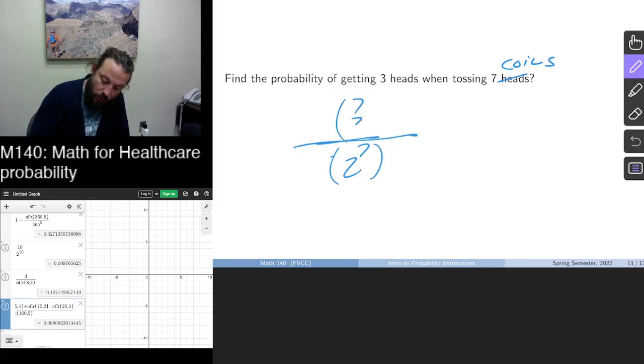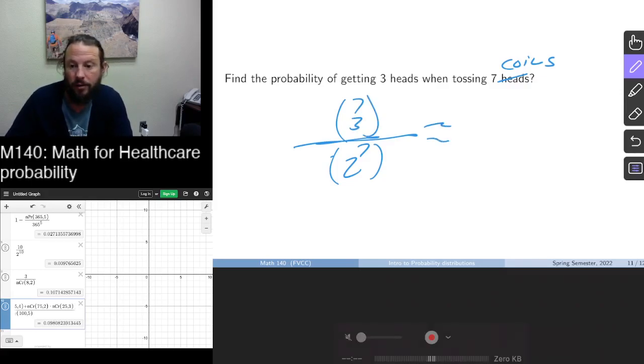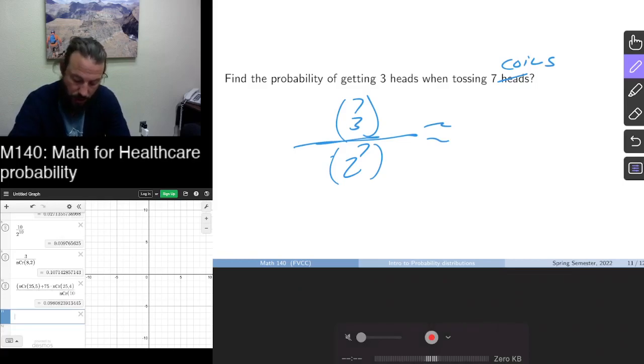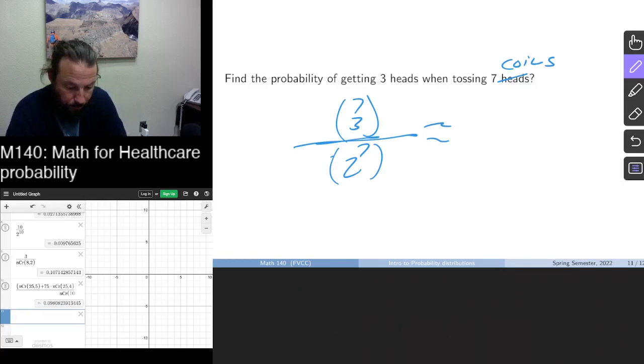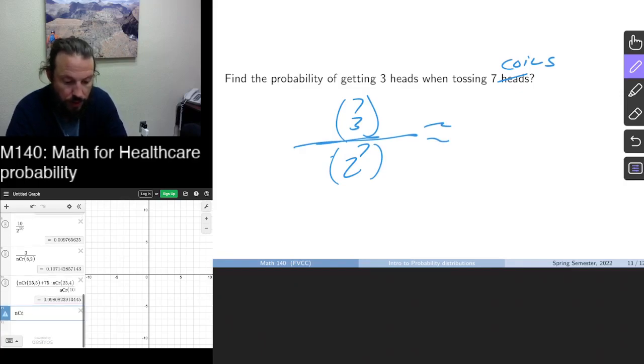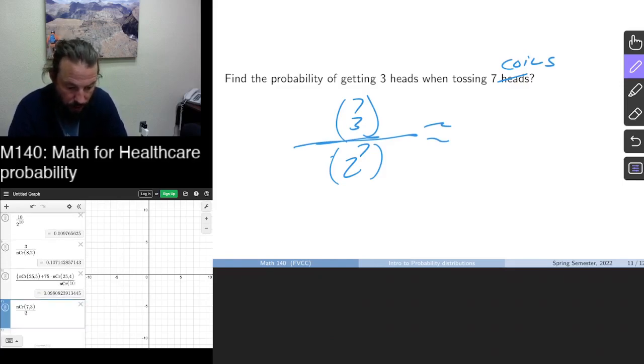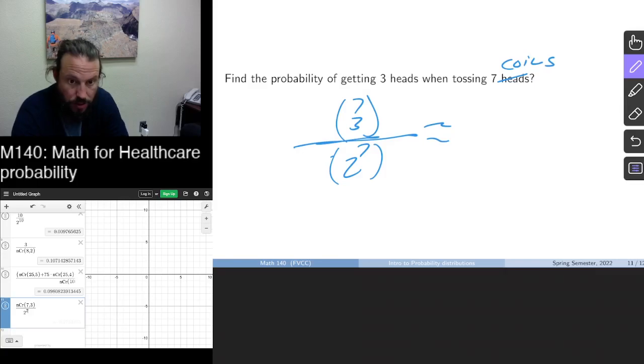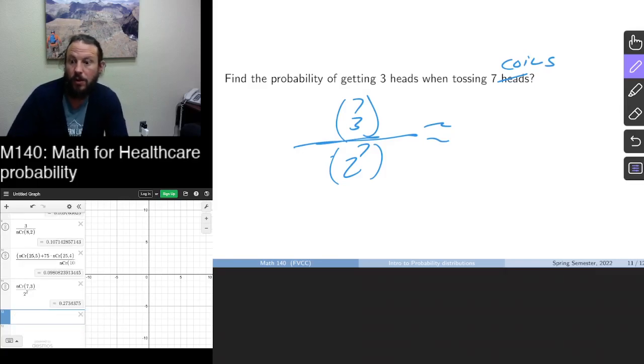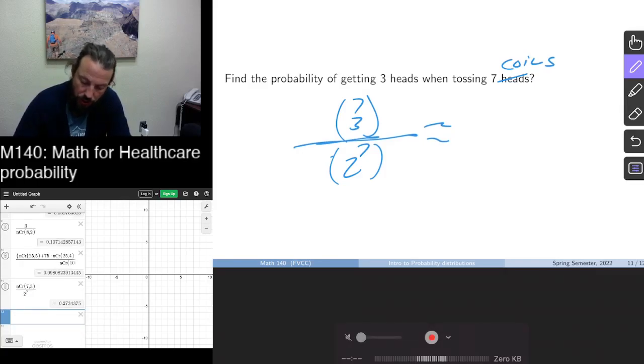Well, there's 7 choose 3 ways to do that. So nCr 7 choose 3 divided by 2 to the 7th. Okay, 0.27, about a 30% chance.